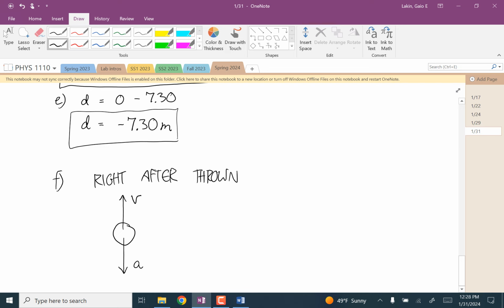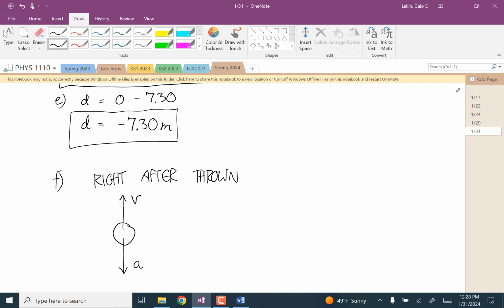The other way to think about it is, does an object speed up or slow down when you throw it up into the air? Slow down. It slows down, right? Eventually it stops and comes back down. If it sped up, it would just keep going faster and faster until it disappeared. That would be weird. So if it's slowing down, what do you know about the directions of velocity and acceleration?